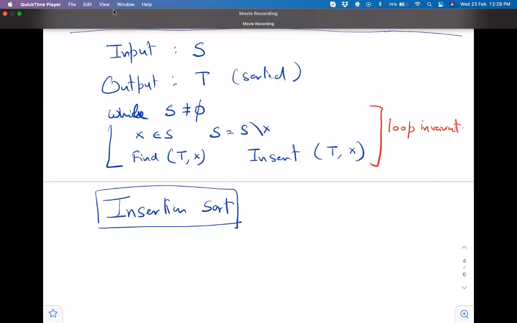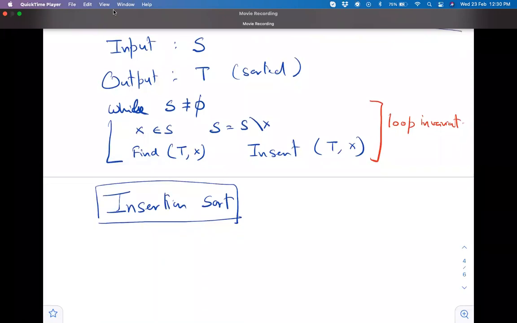Yeah, sorry. So you have this loop invariant and you prove it. You can think of this like induction, except that as I add X to T, however many times I do this, my T is always sorted. And once you do this, you can prove that when the algorithm stops, which means S becomes empty, T has all of them, and it is sorted.